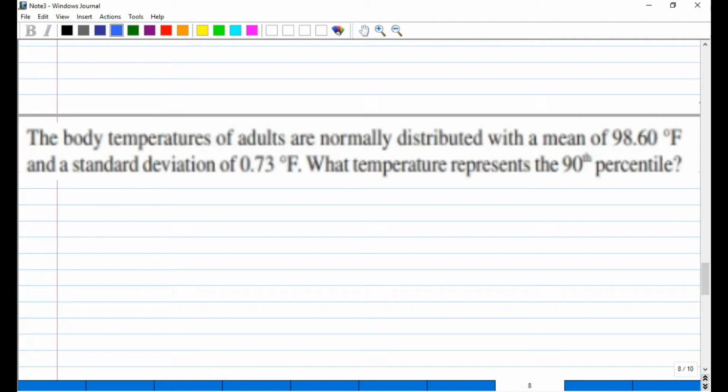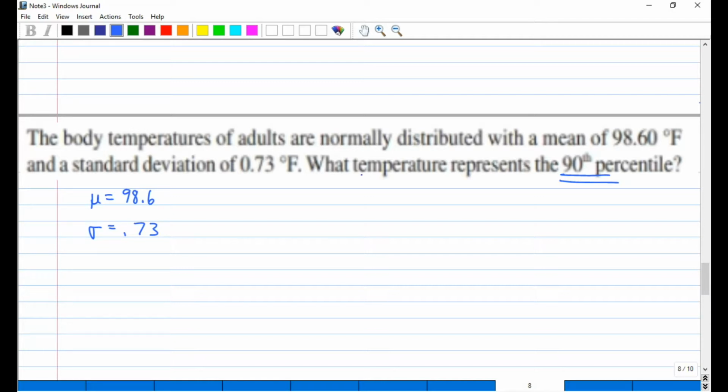So some people it varies, but overall we have a mean of 98.6 as a population. At least studies have shown that. And a standard deviation of 0.73. What temperature represents the 90th percentile?